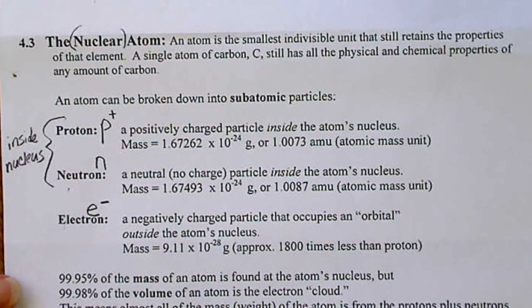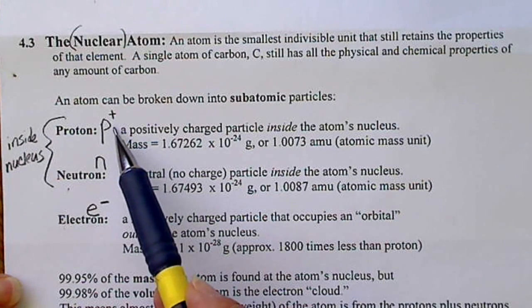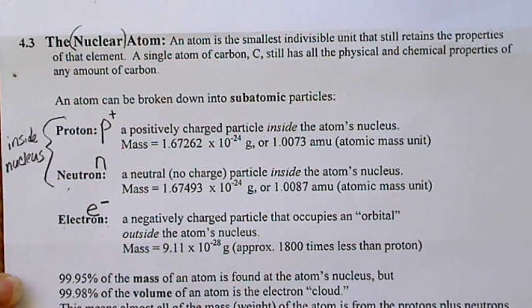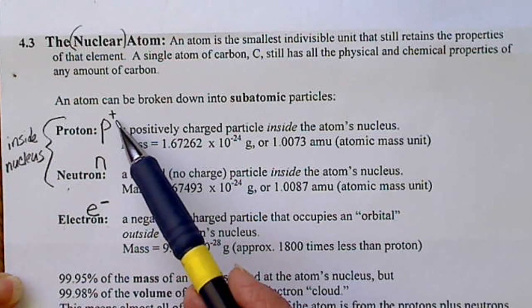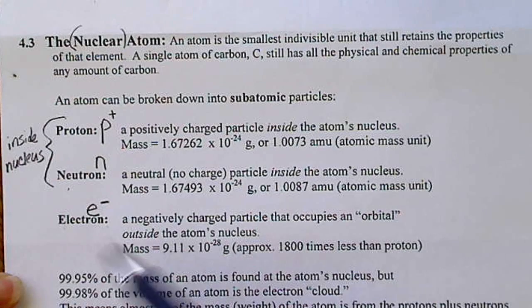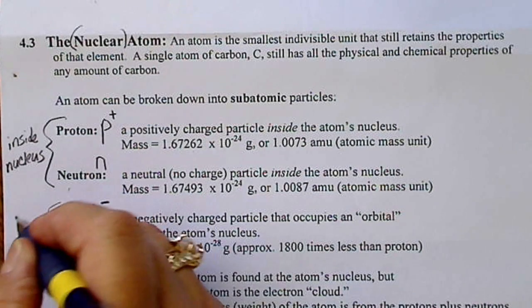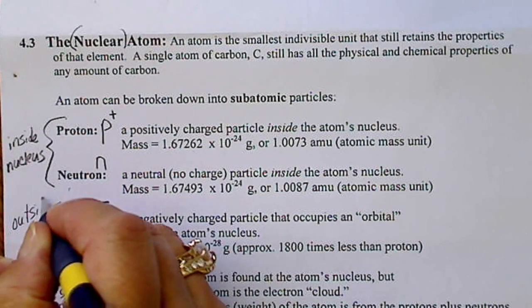So we might remember that protons and electrons have opposite charges, and that's the positive protons inside the nucleus actually hold the negatively charged electrons, and the electrons are outside of the nucleus.